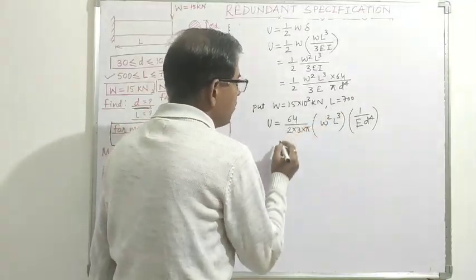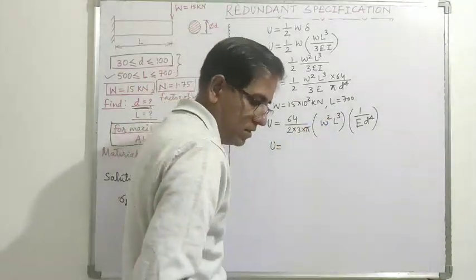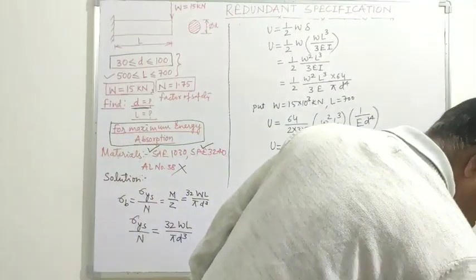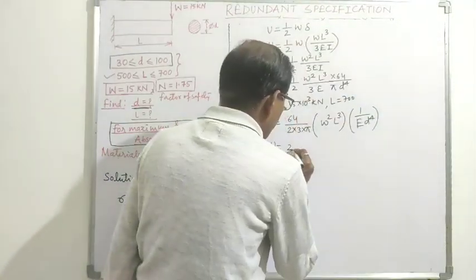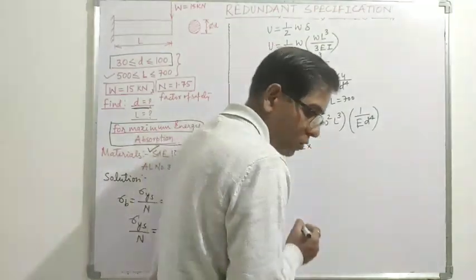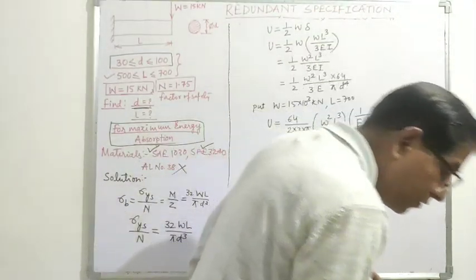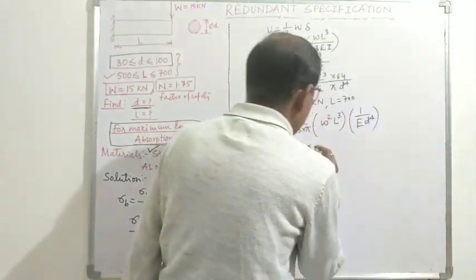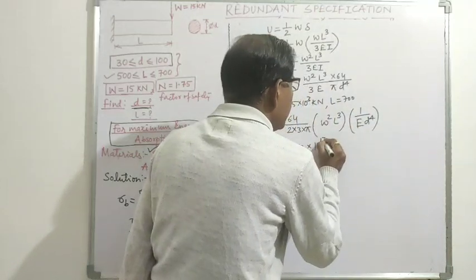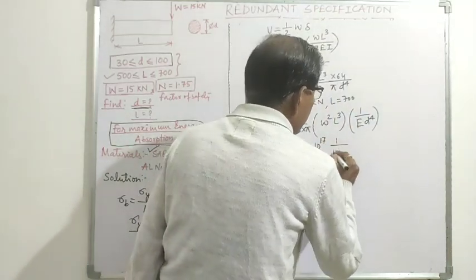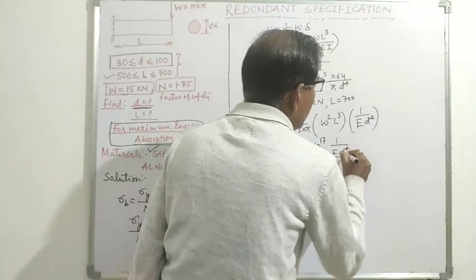If you put these values, it is 2.62 × 10^17 × 1/(E d^4).